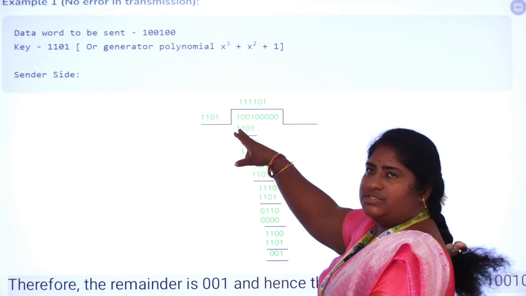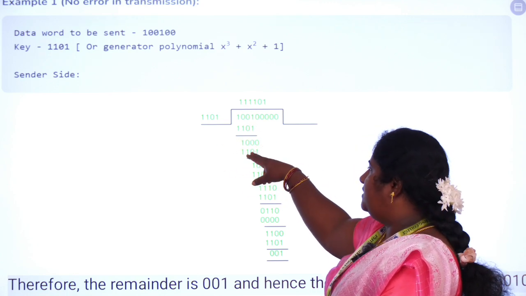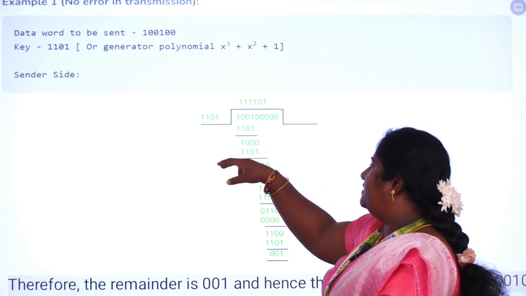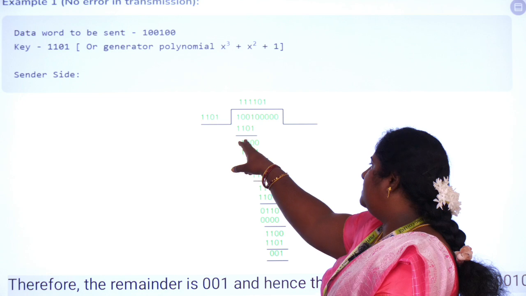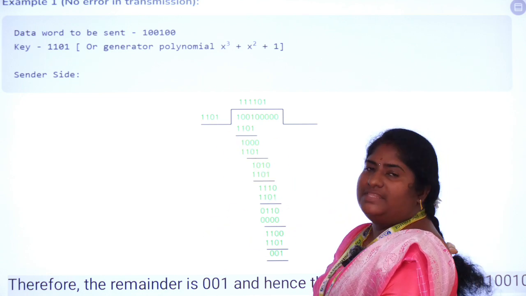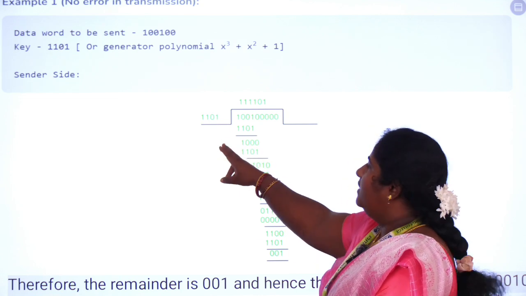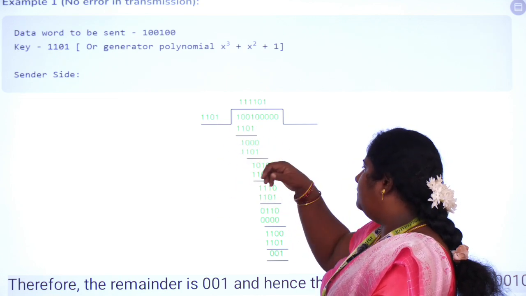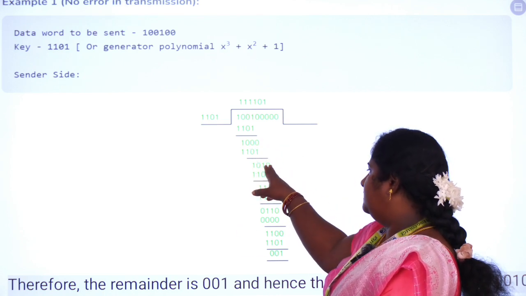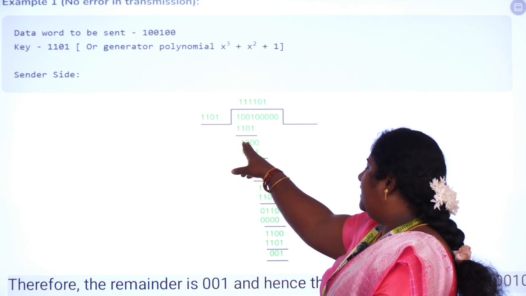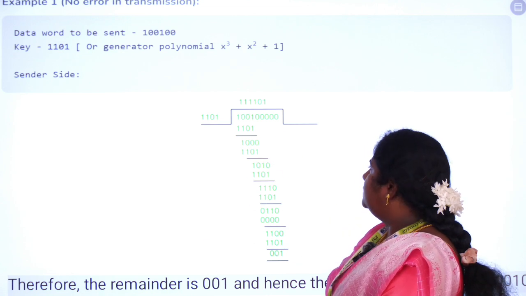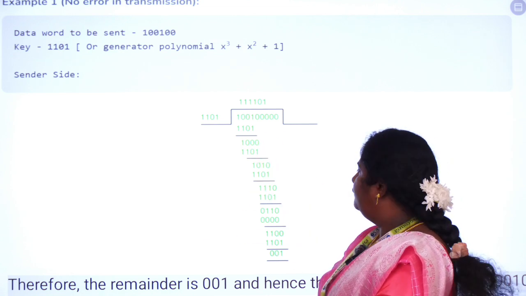When you go for the division, the first time 1101 is subtracted: 1 minus 1 is 0, 0 minus 1 is 1, 0 minus 0 is 0, and 1 minus 1 is 0, leaving the result with leading zeros. Then we take one more time 1101 and again the values are identified, and we bring down the next value for division.